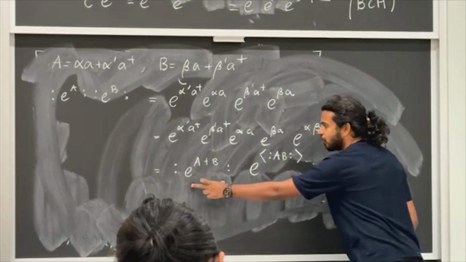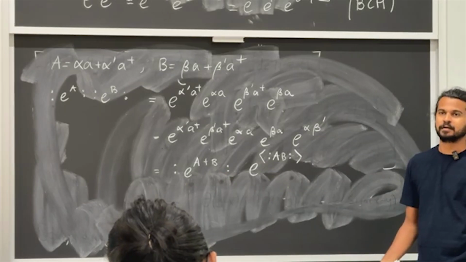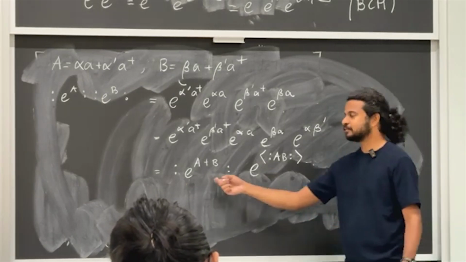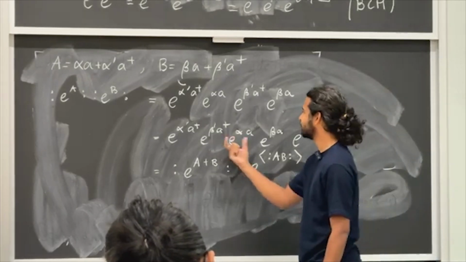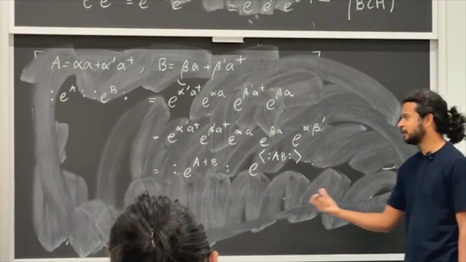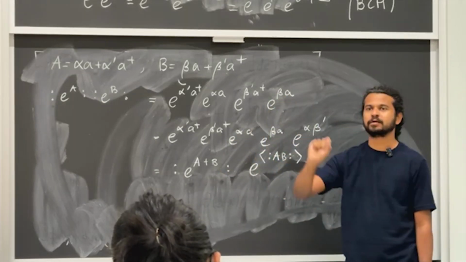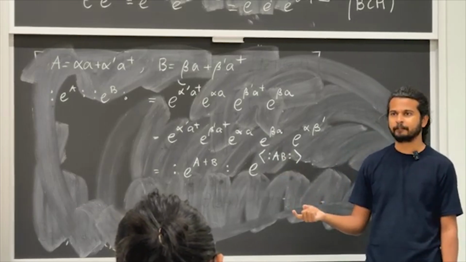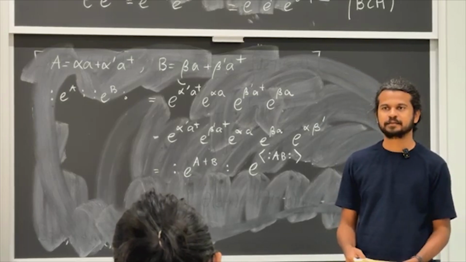But for normal ordered operators, when I find an expectation value I get 1 in this case. Why? Because I always have A's to the right. So if I expand e to the something A, only that 1 contributes, because A will kill the vacuum. Is that clear?